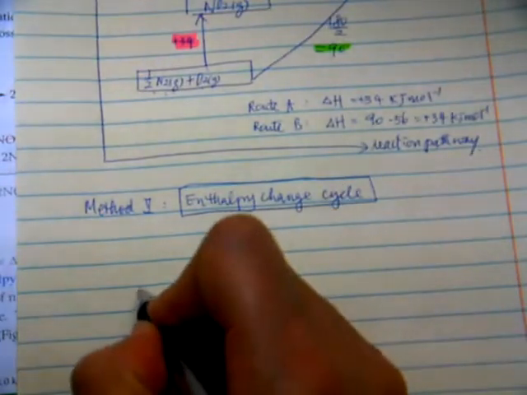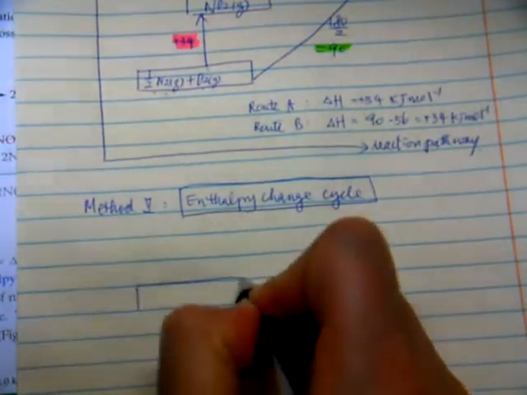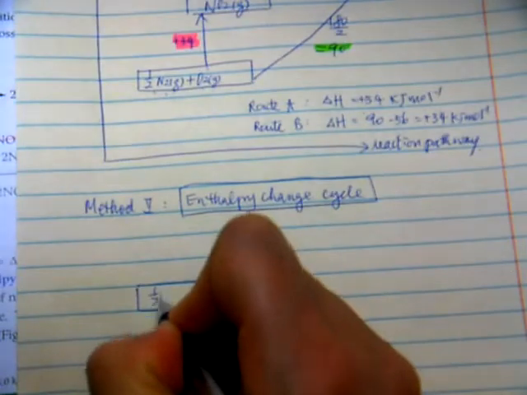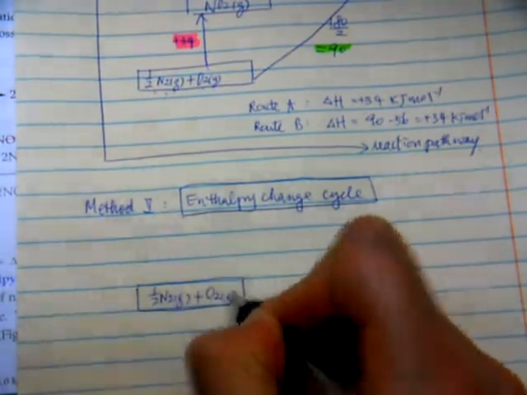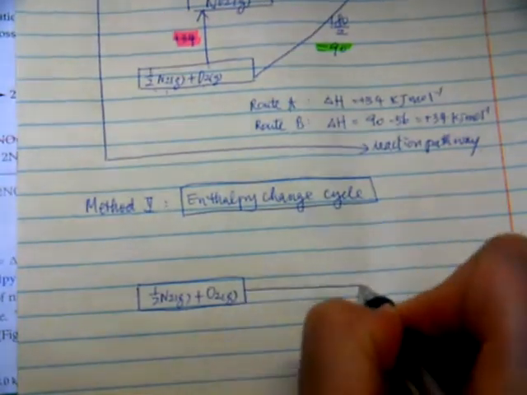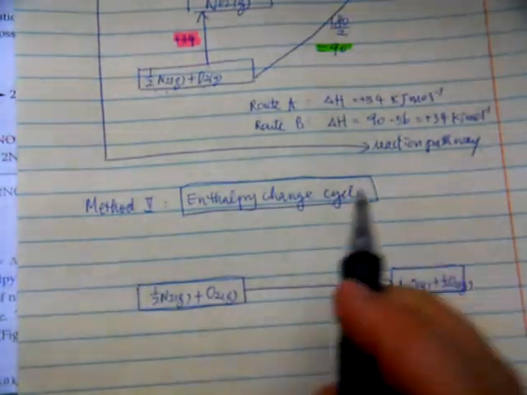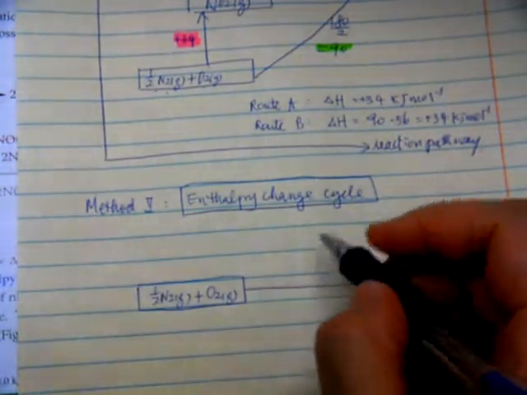Now, this is the first route. We have half N2 reacting with 1 O2 to form 1 NO, and half O2 is unreacted. This is route B.